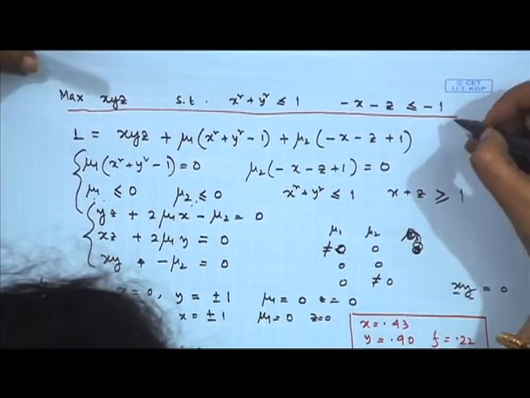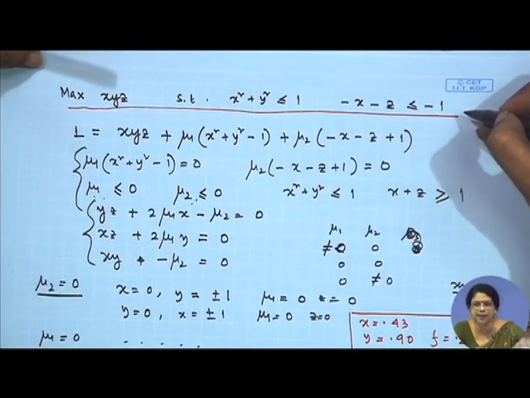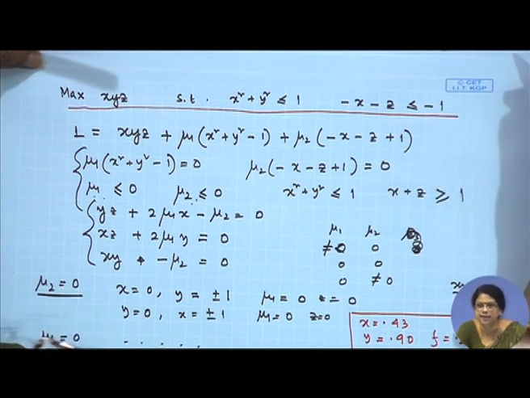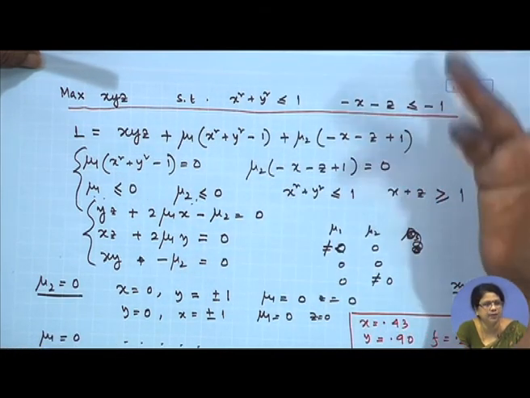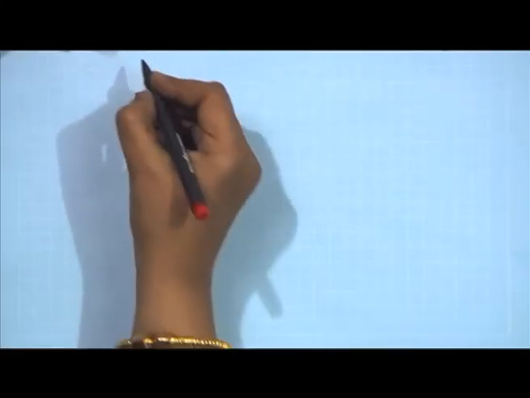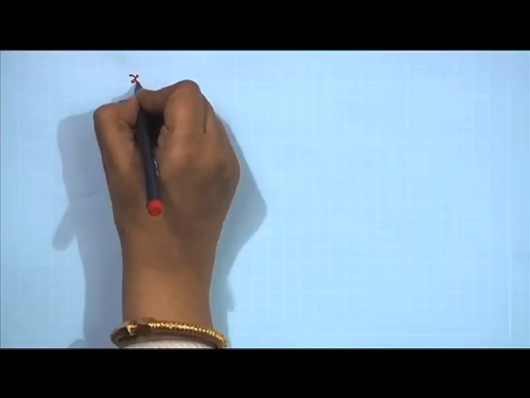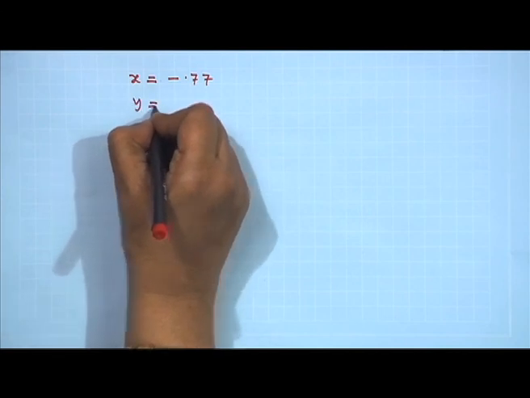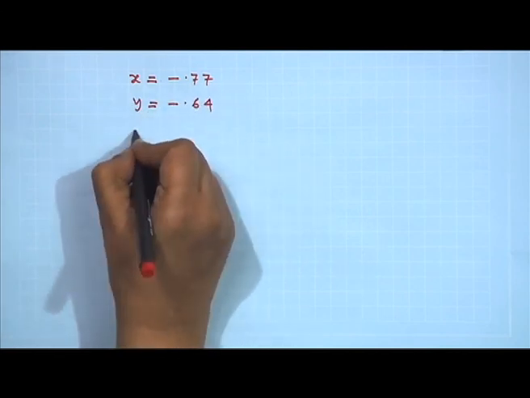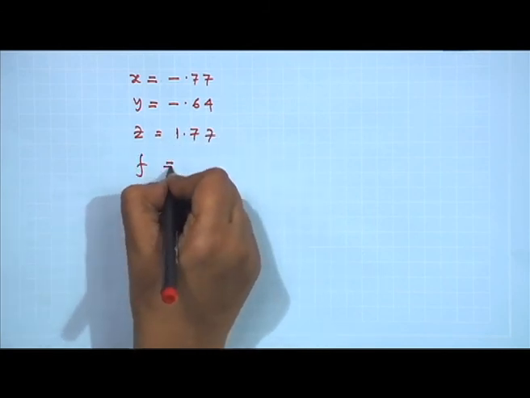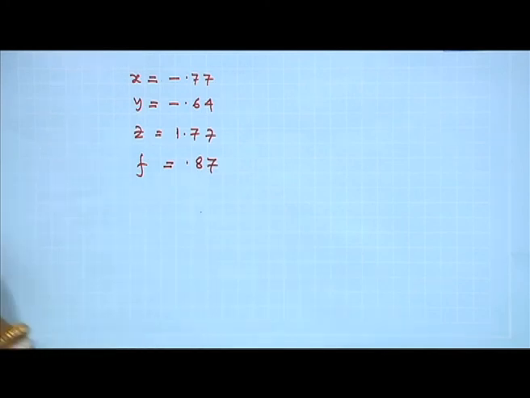That condition has not been imposed here. So x, y and z are free variables. X, y and z can take negative values. If we relax that condition, we get a better optimal solution for the same problem: x equal to minus 0.77, y equal to minus 0.64, z equal to 1.77, and a better f of 0.87.